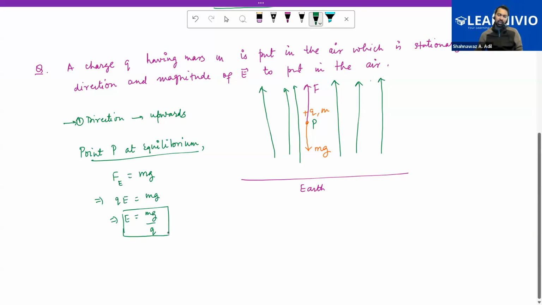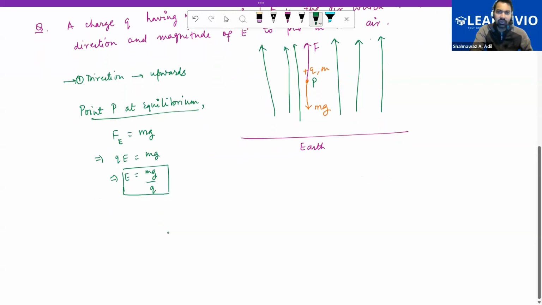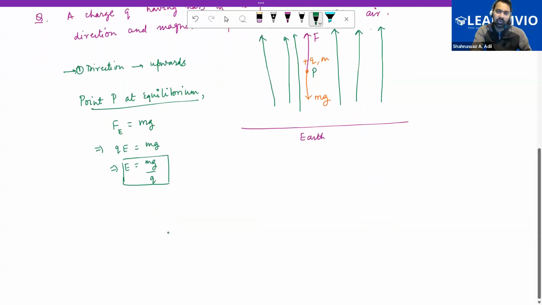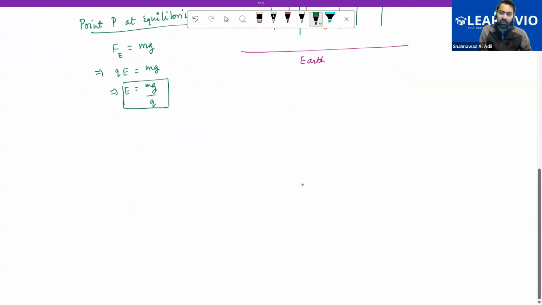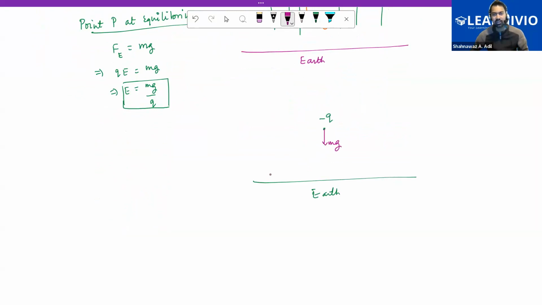Yes, sir. And let's say that if you have a negative charge, then what would happen? Can you tell me, if you have a negative charge, and this is mg, what direction of electric field do we require?